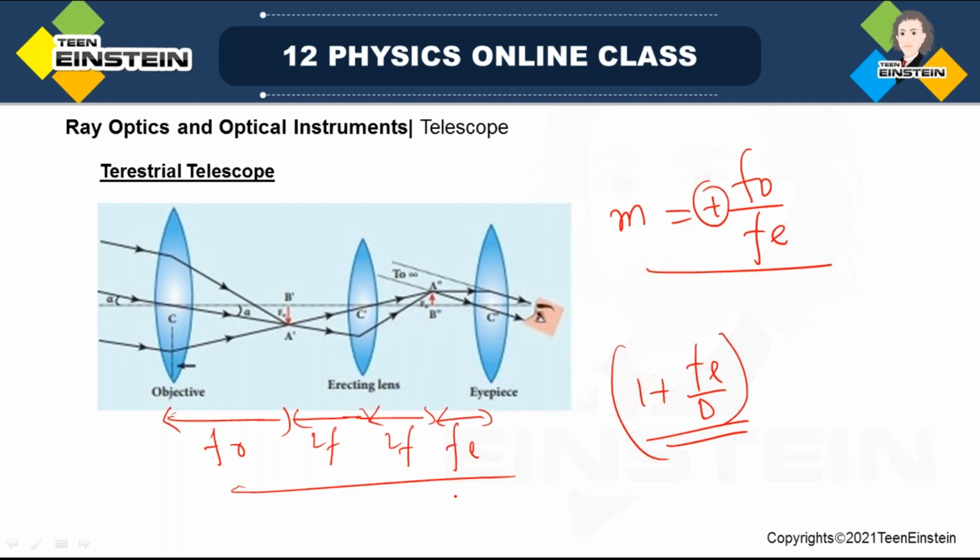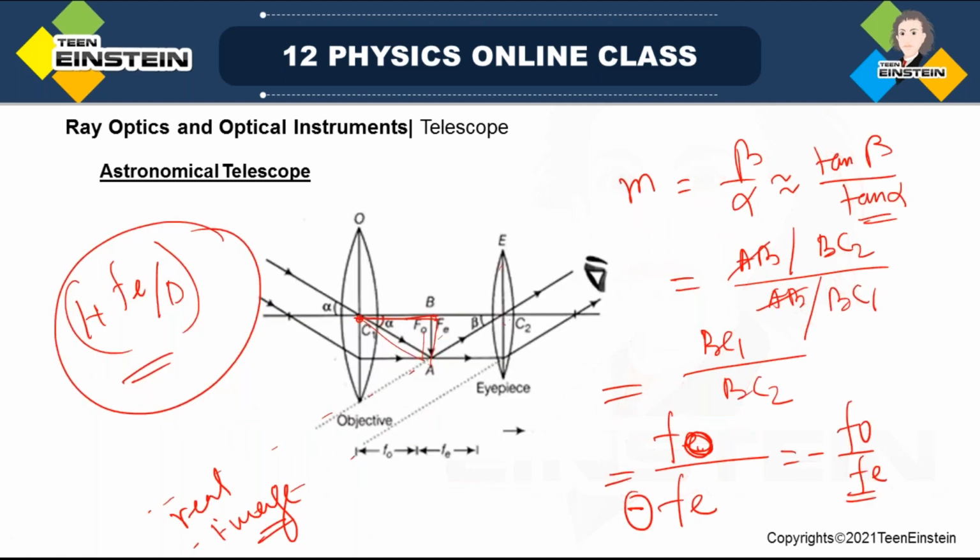Okay, and see, in the case of normal adjustment, the length of the astronomical tube, when the image is created at infinity, that is called normal adjustment of the astronomical telescope. That means the image is created at infinity.